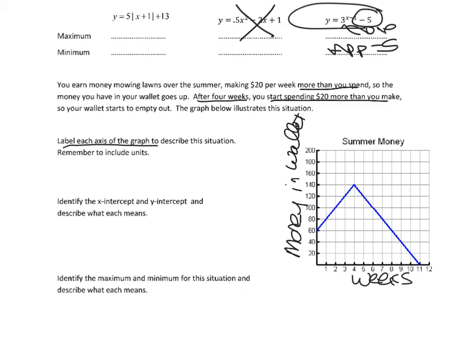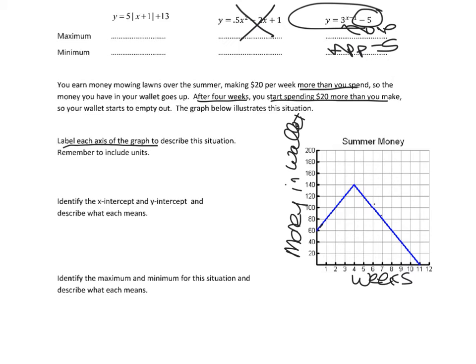Okay, because remember he started out putting $20 in his wallet that he didn't spend, and then after 4 weeks he started spending $20 from his wallet. He wasn't adding that $20. That's why it went back to here, but he spent $20.